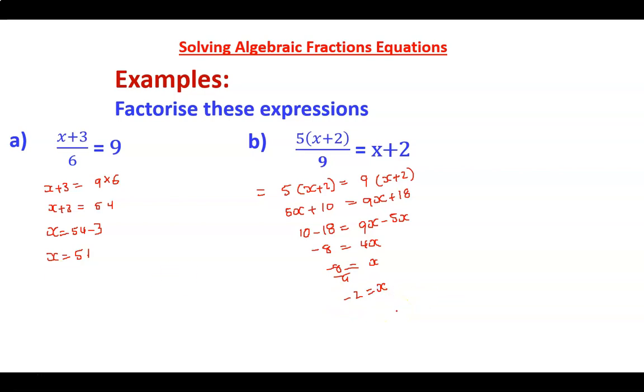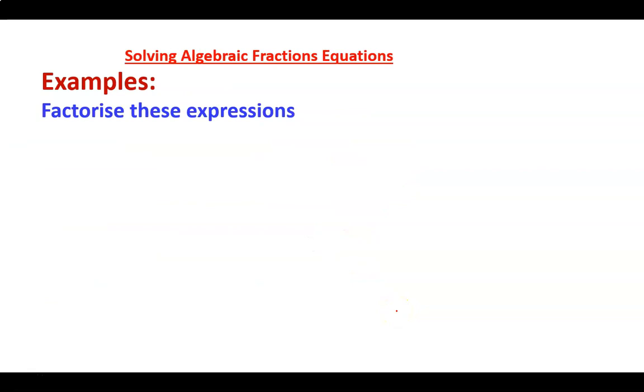Good introduction. Now let's start with the real work. Here, x plus 3, a simple linear expression, divided by a quadratic expression equals a half. Now the first thing you need to do is, because you've got a fraction here and a fraction there, you can cross multiply.